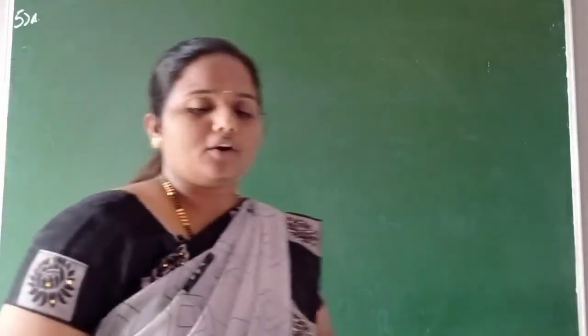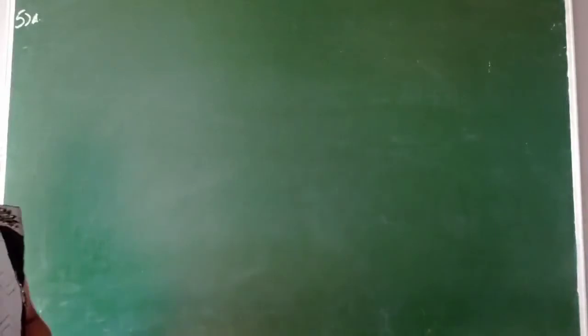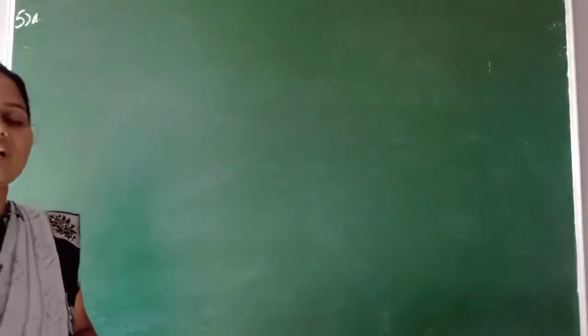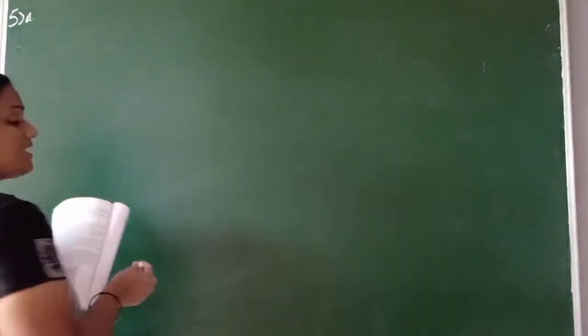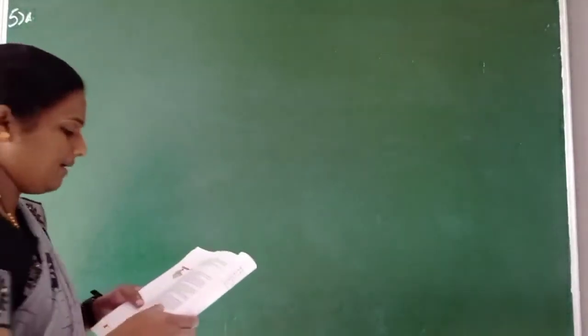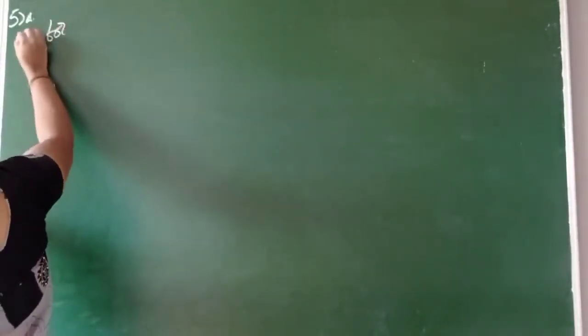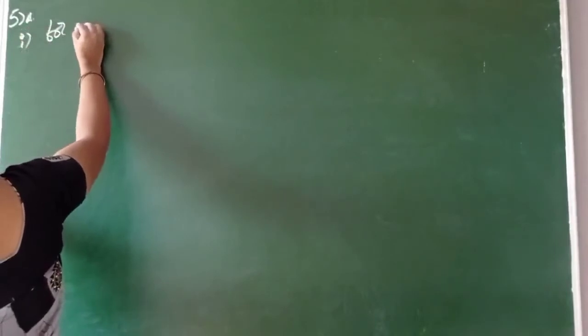So children, in order to solve such kind of problems, first we need to know the first car value, isn't it, children? You people have to do this with the help of graph sheets, children. So for the first car, let us find.